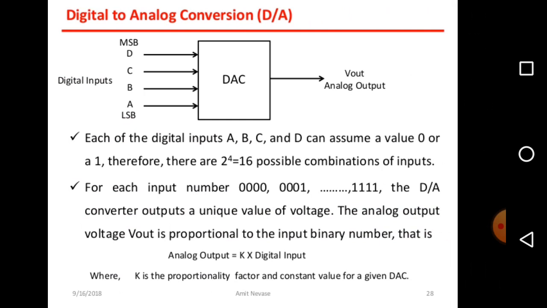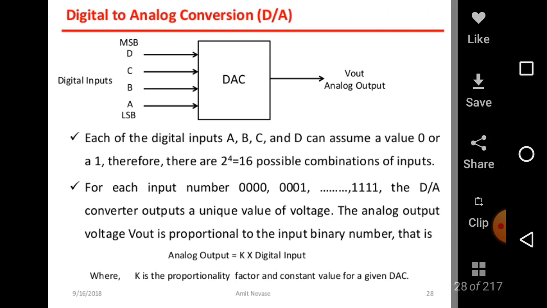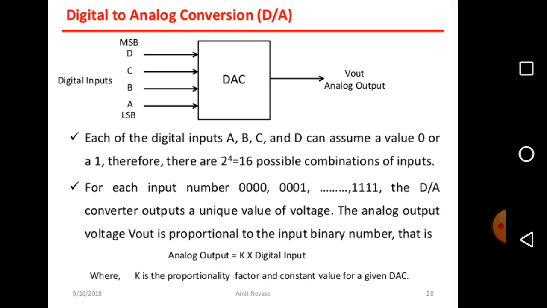The analog output voltage Vout is proportional to the binary number, that is, analog output is equal to K into digital input, where K is the proportionality factor and constant value for a given DAC.